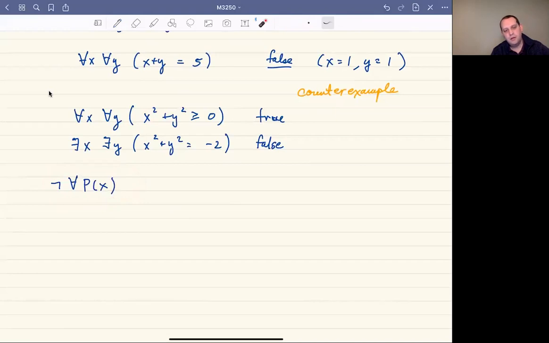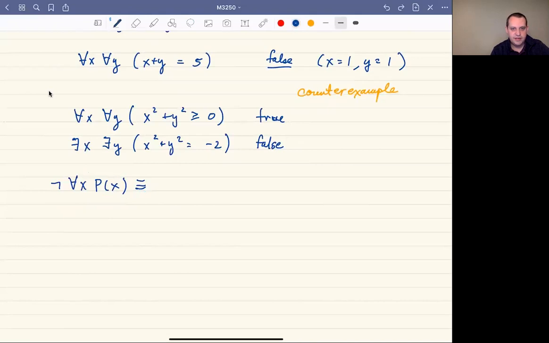But in general, if you want to negate a for all statement, think about what it means to show that for all x, P of x is false. If I want to negate the statement that for all x, P of x, another way to think about this is you want to prove that for all x, P of x is false.